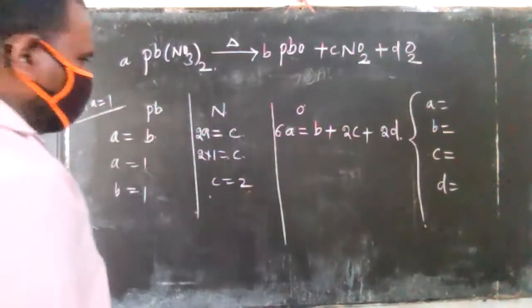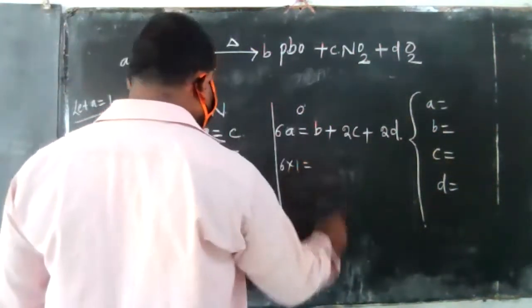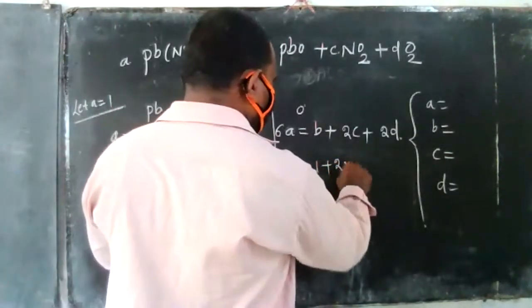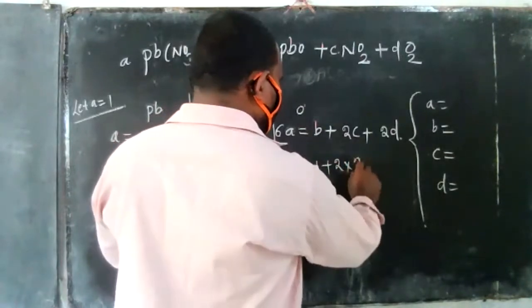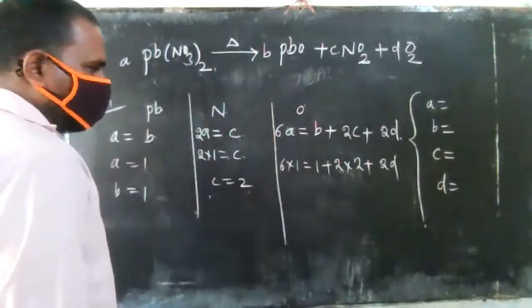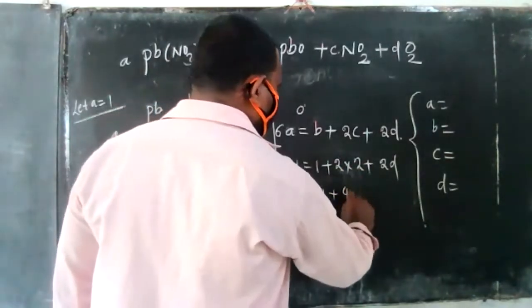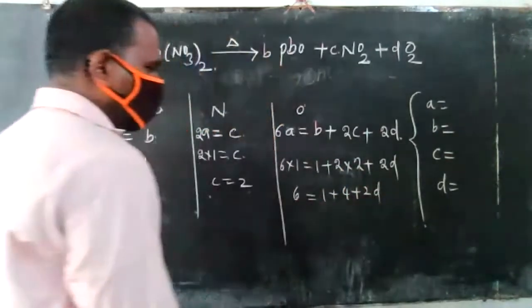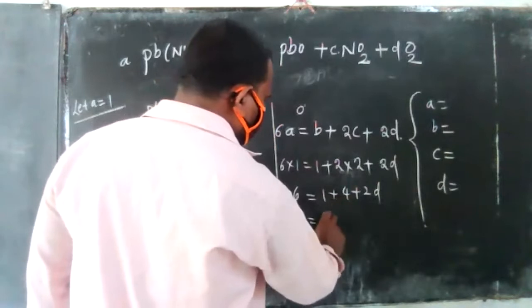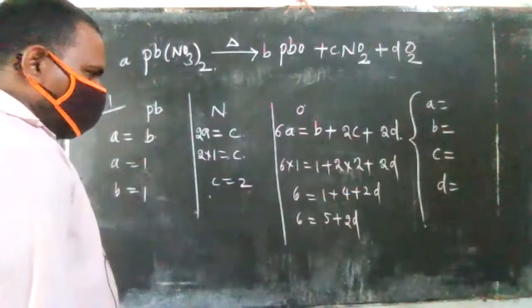What about the D? 6A, A is equal to 1, so 6 is equal to 2 into 2, that is 4, plus 1, 5 plus 2D. Yes or no? Yes, sir.